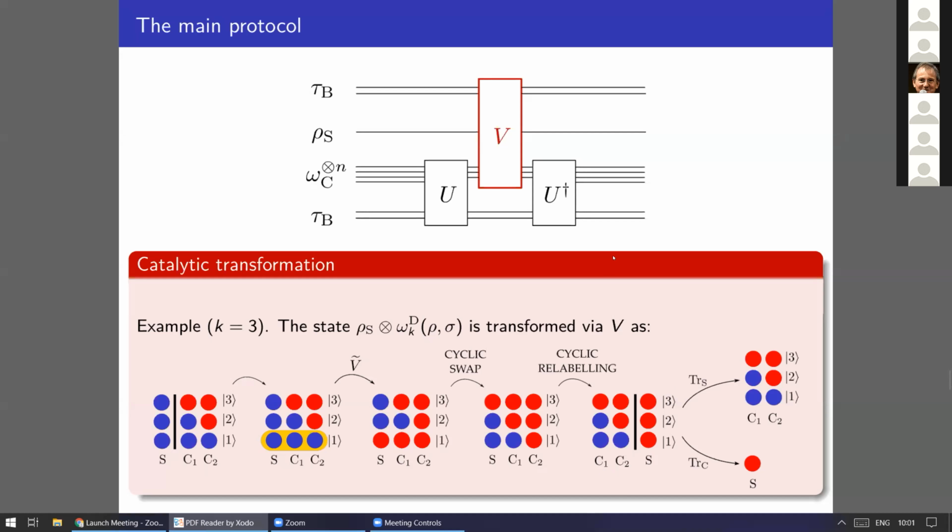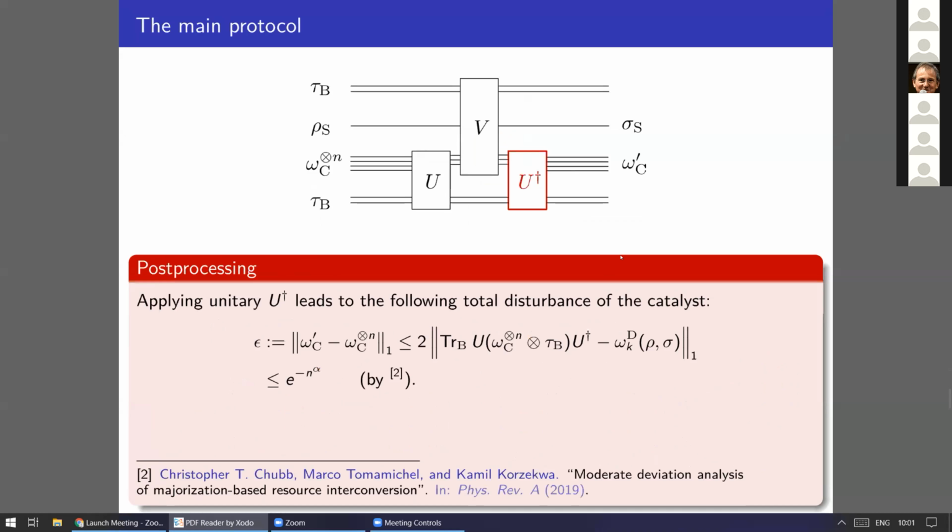Okay, so finally, in the last step, we apply the unitary which we used in the first step backwards. And this essentially recovers the initial multi-copy state of the catalyst up to a certain error. So as long as the unitary V doesn't disturb the state of the catalyst too much, then this unitary is able to reverse the action of the first unitary.